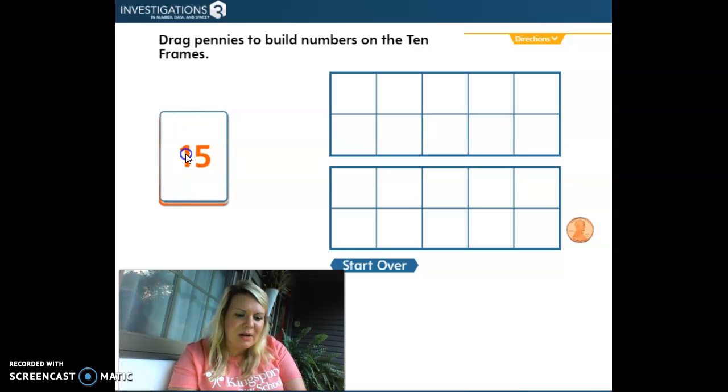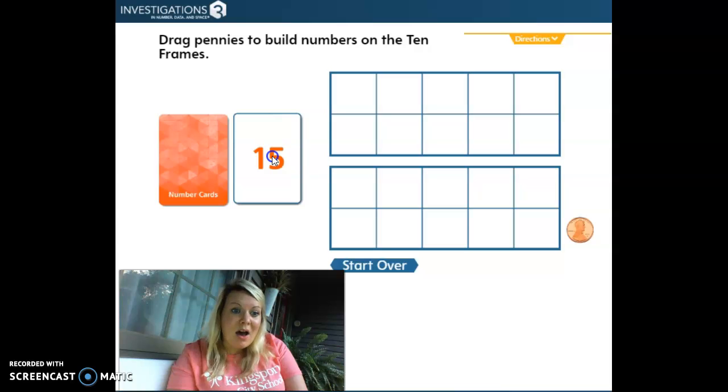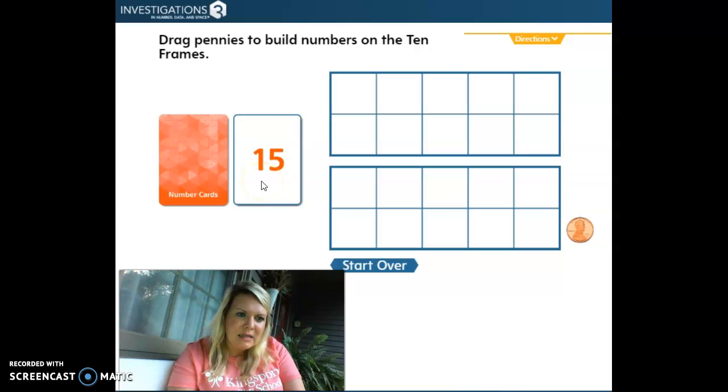Okay, so here's our number card. Do you know what number that is? That's the number 15. The number 15 has 1 and 5. Does anyone know how many tens the number 15 has? We're going to find out right now.